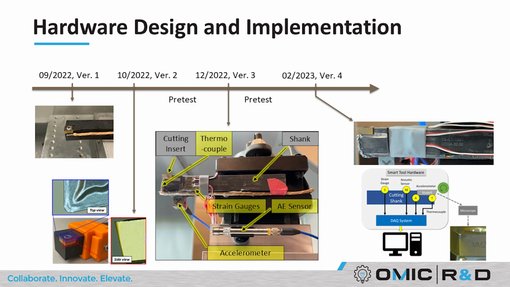Finally, in the spring of 2023, we came to the final design. Everything is consistent with what is shown here, but we made some revisions to the electronics and mechanical design of the smart tool. The final design includes the same number of sensors.